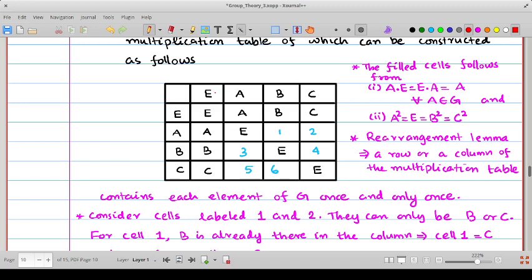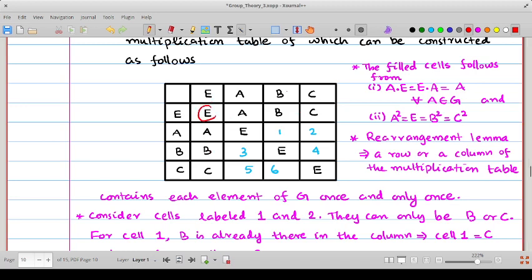So the row labels are the elements of the group E, A, B. Sorry, the column labels are the elements of the group E, A, B, and C. The row labels are also E, A, B, and C. Now, some of these cells of the multiplication table can be easily filled. So look at the first column.